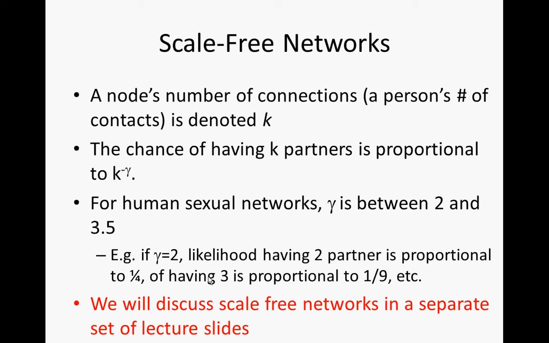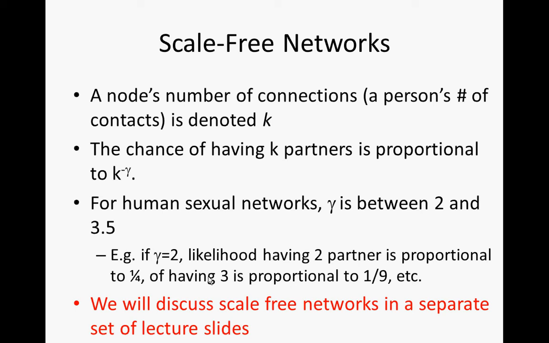In other words, if you scale up K by a certain factor, you'll scale down the proportion or the number of people by multiplying times K to the minus gamma. Here it'll be 1 over 2 squared, or 1 over 4. So this gamma is going to give a sense of how heavy-tailed it is.